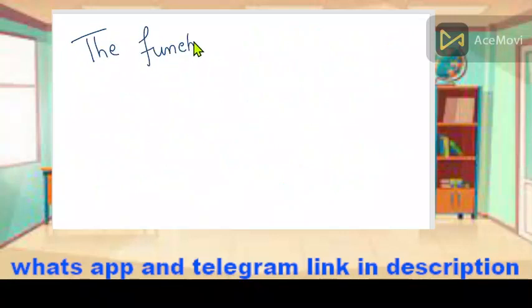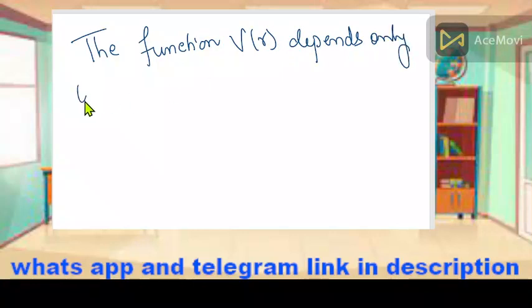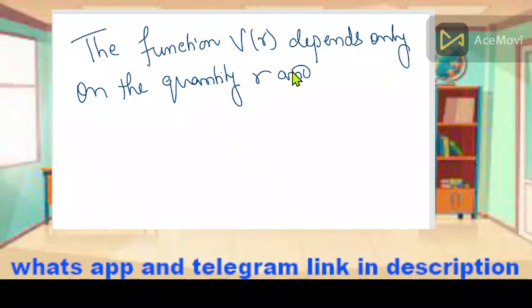The function V(R) depends only on the quantity R, and it is called potential, not potential energy.